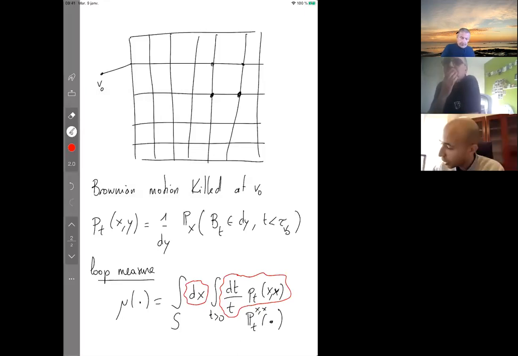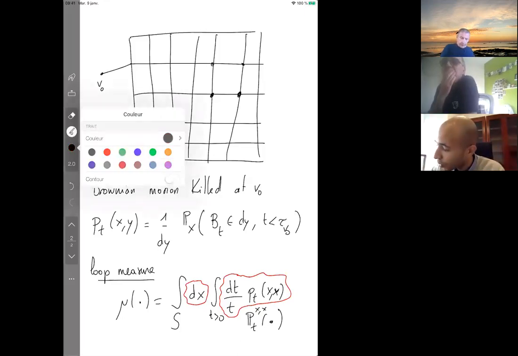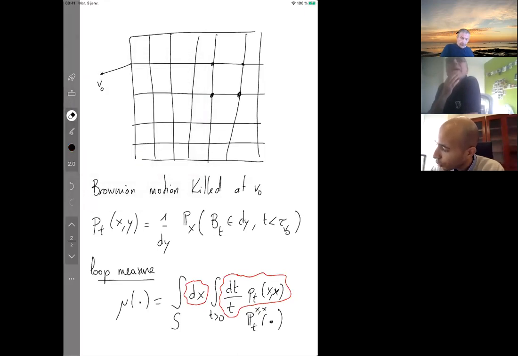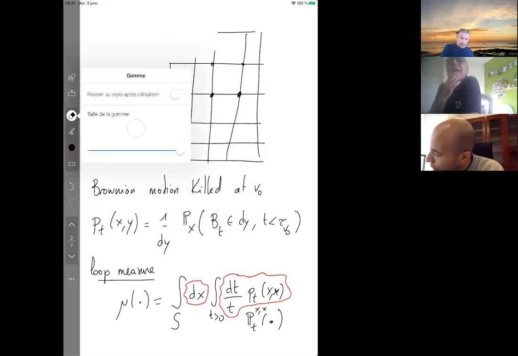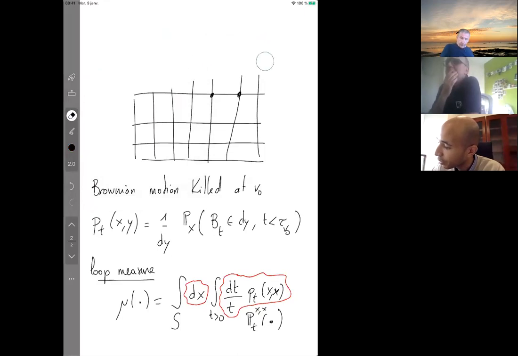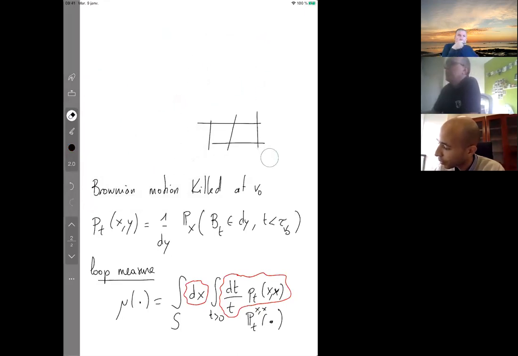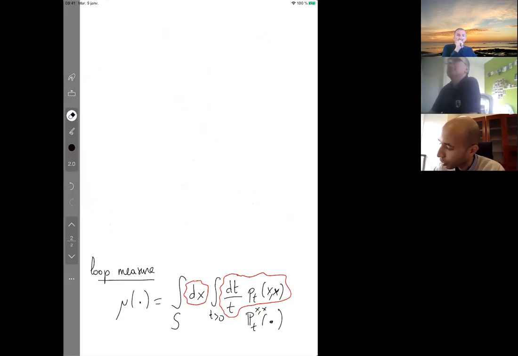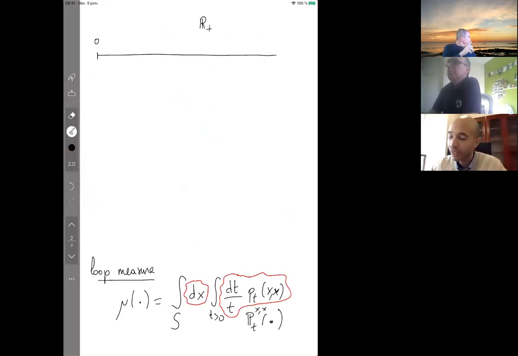All right, so maybe I can give now an example of the loop measure on the real line. I keep the expression of the loop measure. Let's look at the positive half line. I don't have a finite graph here. I have an infinite graph, but you can also define the loop measure.